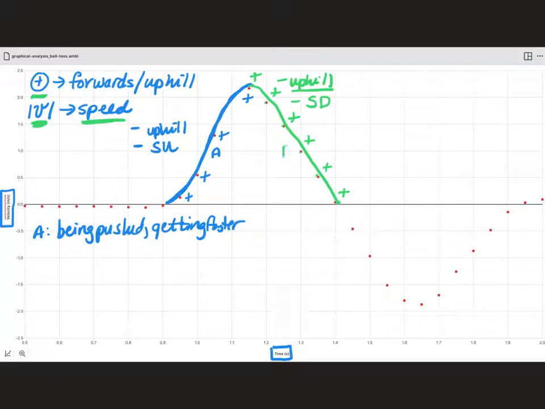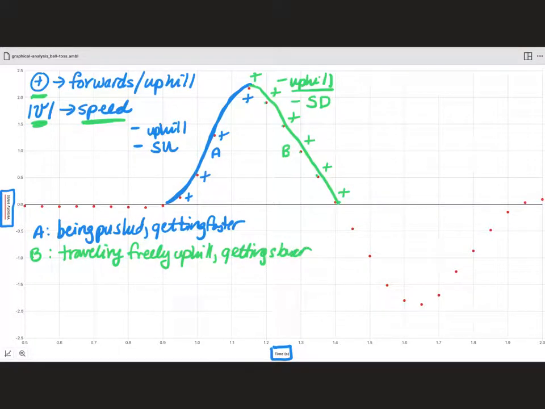In segment B, after the cart left your hand, after you pushed it, while it was freely traveling uphill, it slowed down as it traveled upwards because the force of gravity was pulling back on it and your hand wasn't there to overcome that force. So in segment B, it's traveling freely uphill, getting slower.